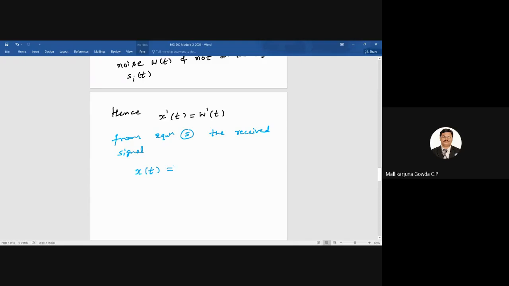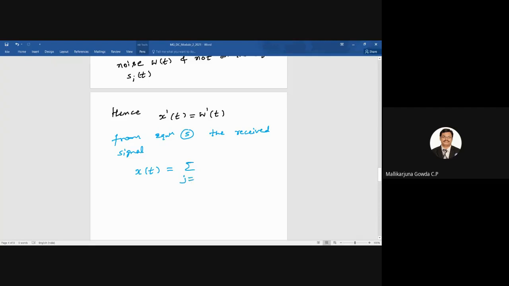What can I write for x of t? I'm expecting you to say: equation 5 I wrote in terms of x dash of t, x dash of t is equal to x of t minus summation j is 1 to n xj pi j of t. Now I am asking what can I write for x of t? Because x of t is the received signal, so x of t will be equal to what I can write.